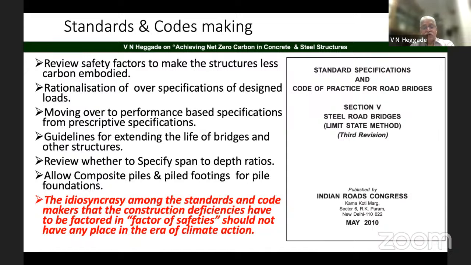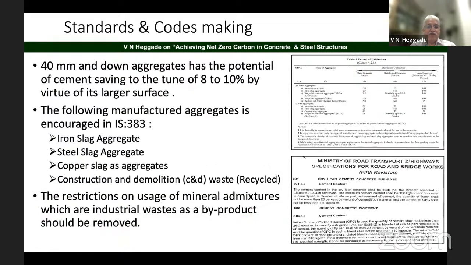That sort of thinking should not be there. No workmanship failures can be covered by the construction factors of safety which have been built into the design. So we need to look at the partial safety factors to make our structures less massive. As it is, they are very massive, and the quantities are quite large, emitting a lot of carbon dioxide.